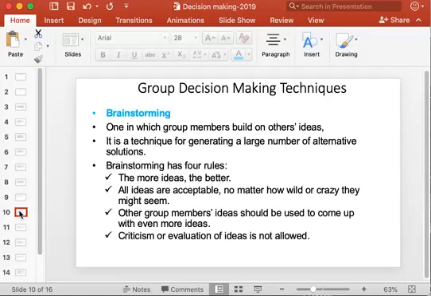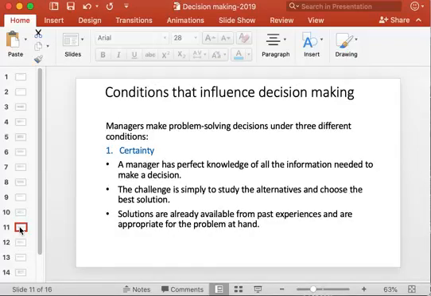So the members who present their ideas later than those who presented before should be encouraged to build on or come up with even more ideas, and criticism or evaluation of ideas is not allowed while it is being presented. Okay.